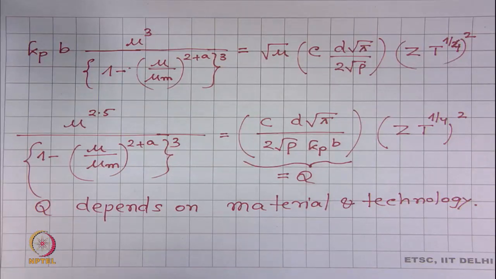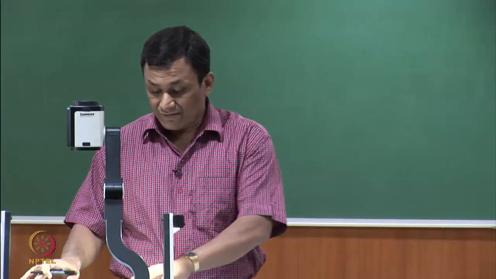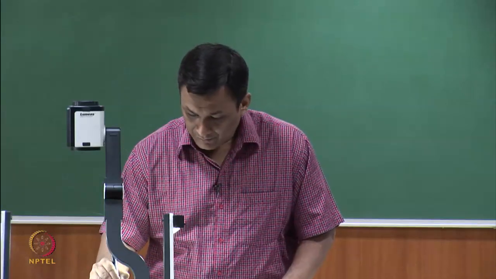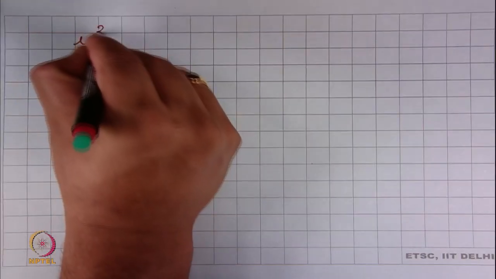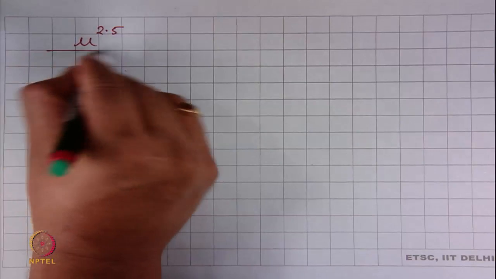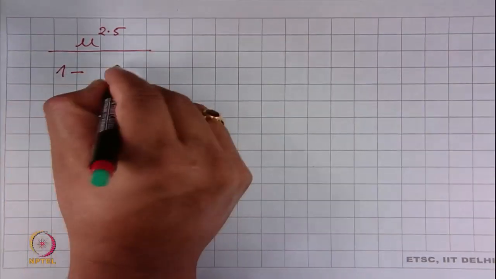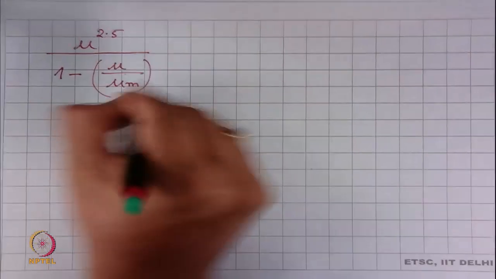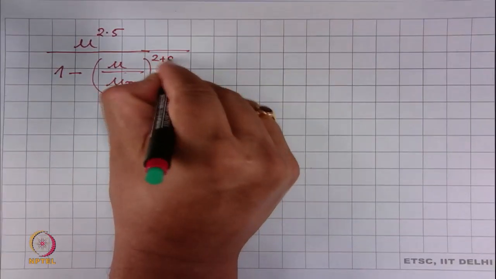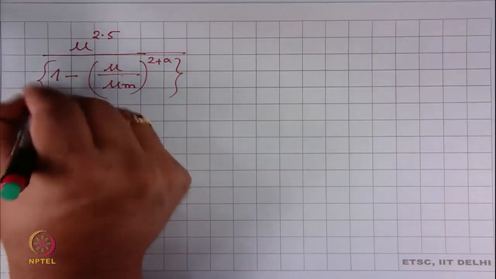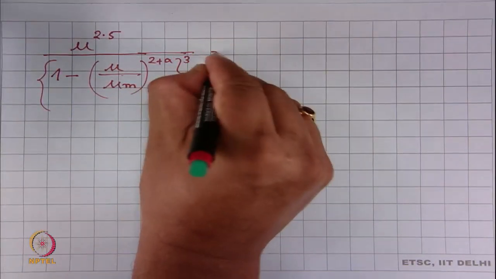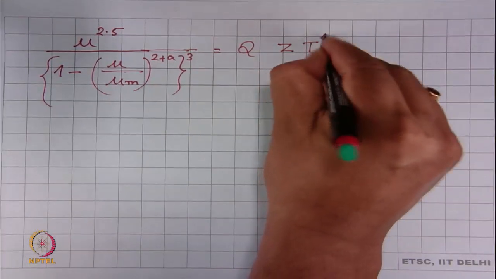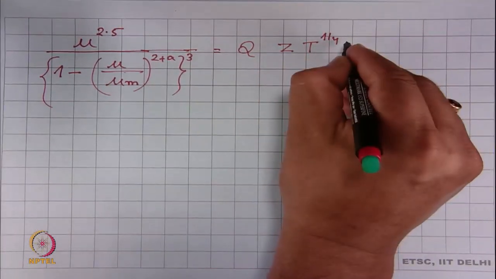Well, then we will write the final expression here: mu to the power 2.5 by 1 minus mu by mu m, squared, plus a cubed is equal to q z t to the power 1 by 4.